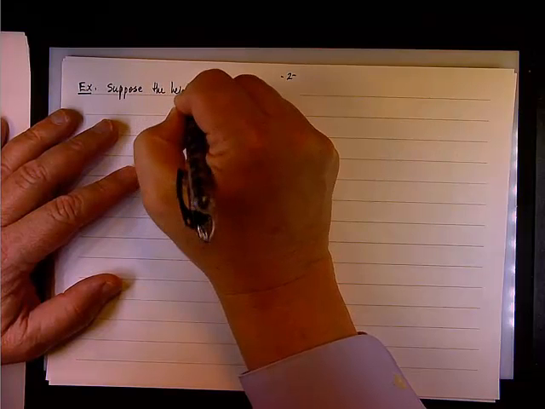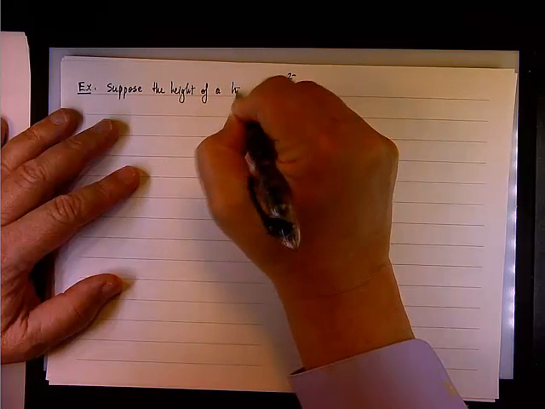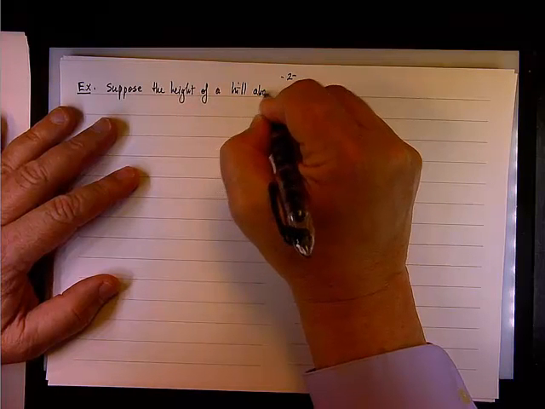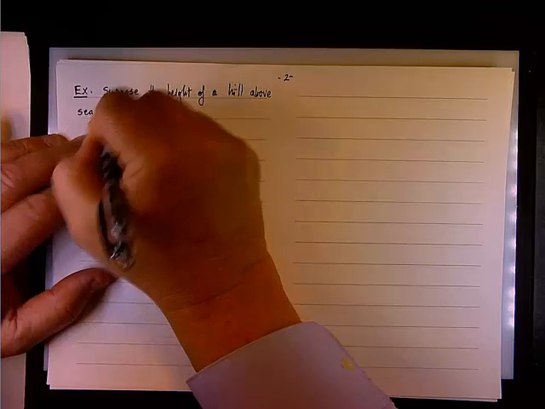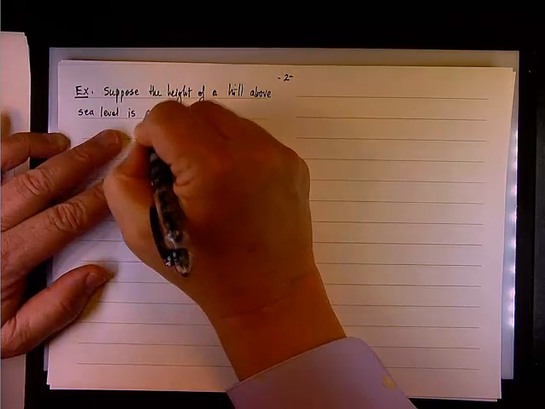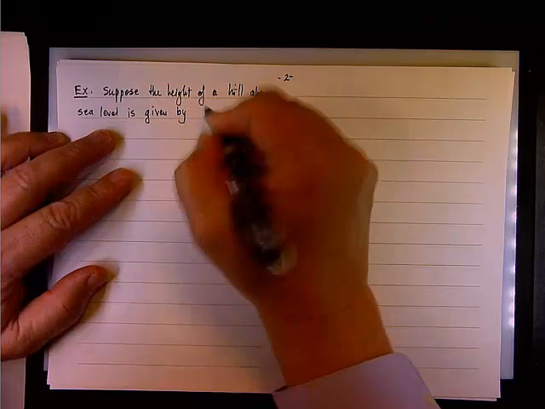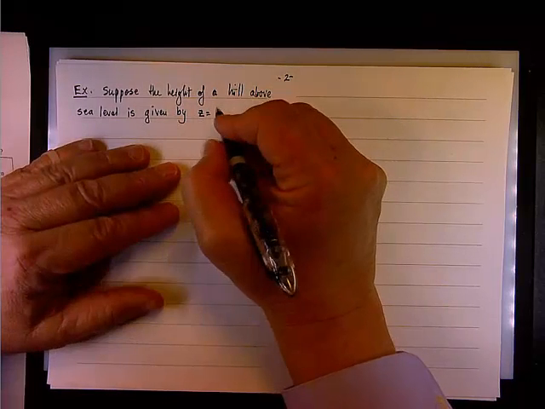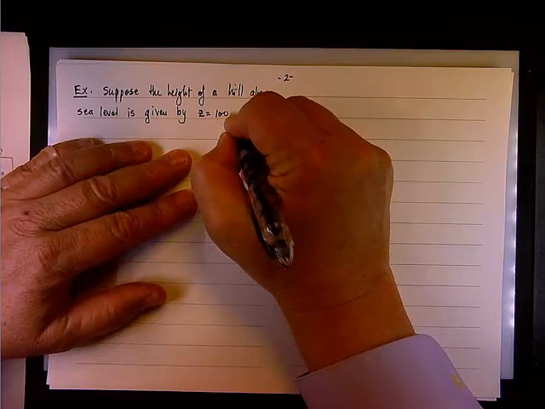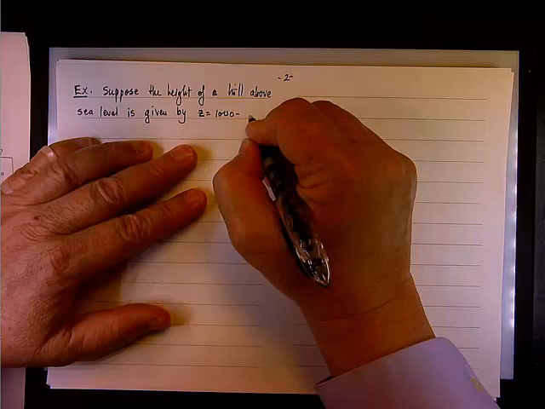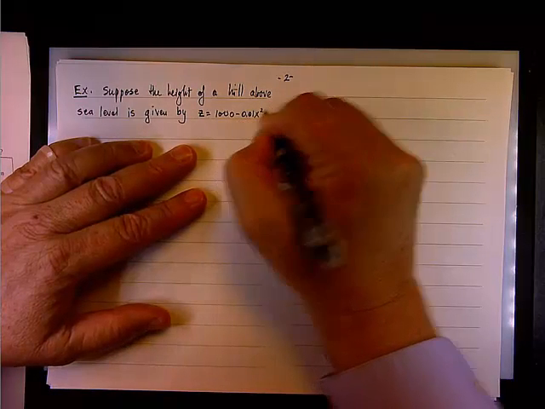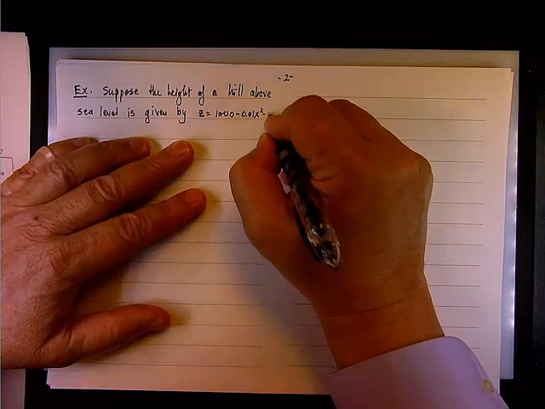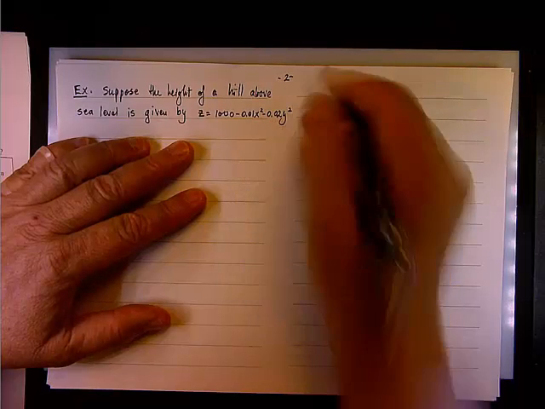Suppose the height of a hill above sea level is given by z, the height, and z equals f of x and y, so we are looking at 1000 minus 0.01 x squared minus 0.02 y squared.